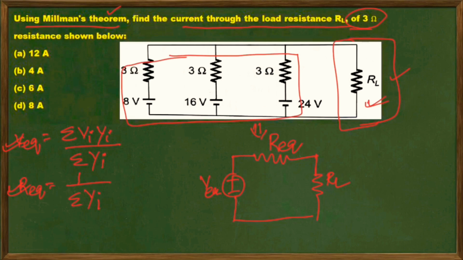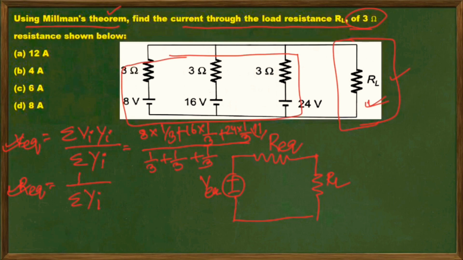So here V equivalent equals summation of Vi Yi. In the first branch the voltage is 8 and Y1 is 1 by 3. Similarly 16 into 1 by 3 plus 24 into 1 by 3, and in the denominator this is 1 by 3 plus 1 by 3 plus 1 by 3.